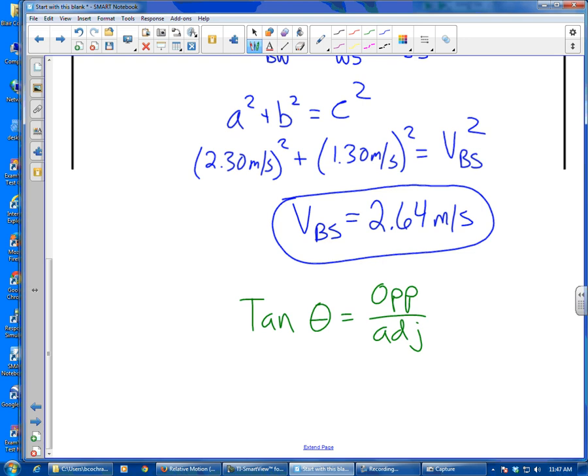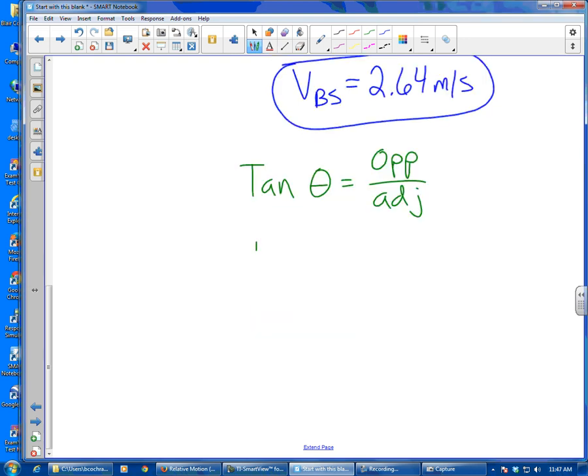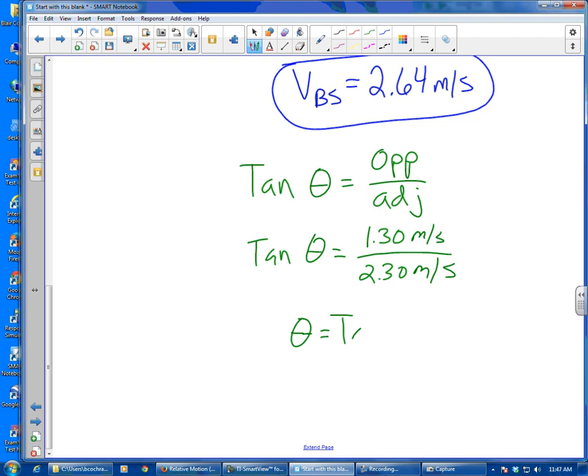So tan of the angle I'm looking for, theta, is my 1.30 meters per second over my 2.30 meters per second. I need to get theta by itself, though, so I'm going to do the inverse, or arctan, of both sides. We did this a bunch when we did vectors. Theta equals tan to the minus 1 of 1.30 meters per second over 2.30 meters per second.